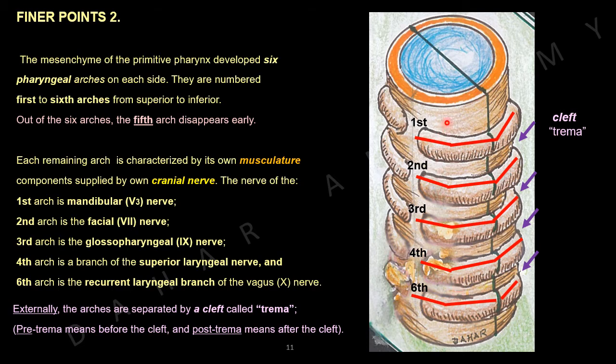Externally, the arches are separated by clefts called trema. These are the clefts between the adjacent arches, so they are called trema. Pretrematic means before the cleft, and post-trematic means after the cleft.